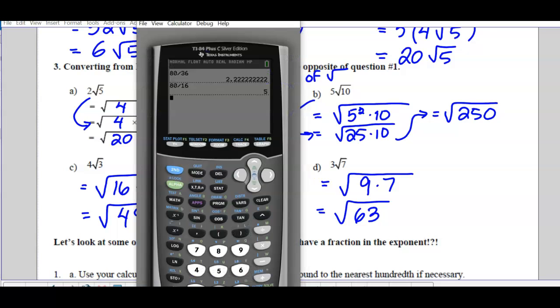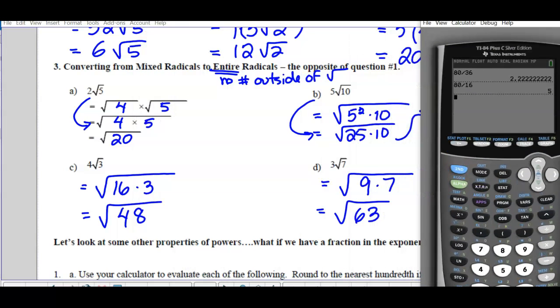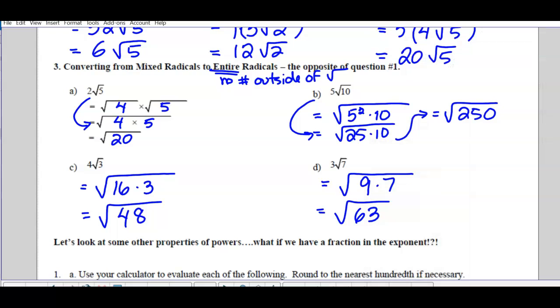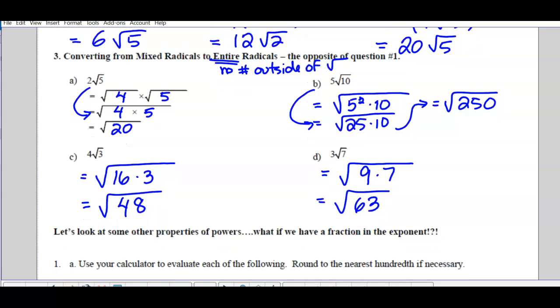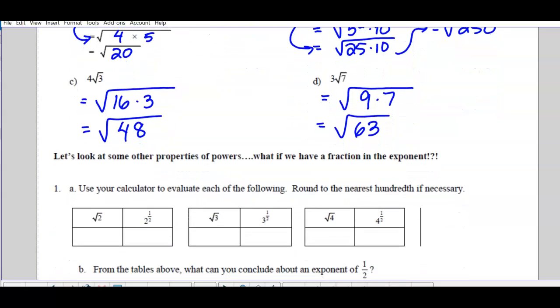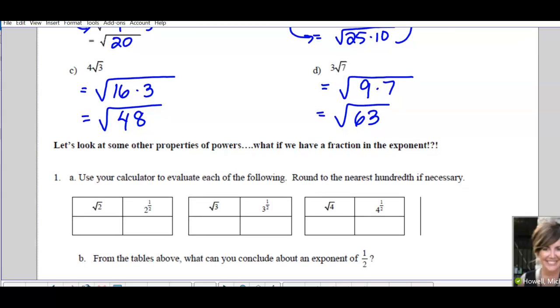When you check something like that, you're going to have 3 square root of 7, and then square root of 63. You get the exact same. Okay, so you know you haven't switched them around. You can do the same with cube roots, but we don't have any examples there for now. You'll do that for sure in 10C.